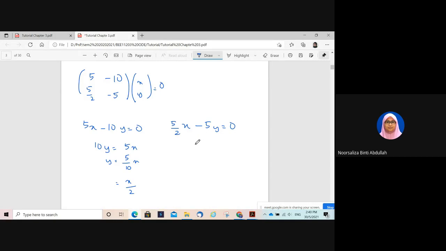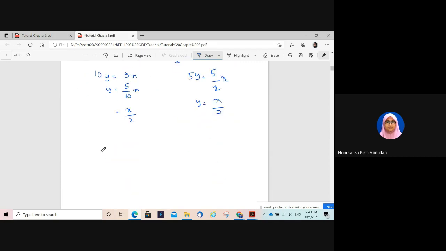This side is also the same, right? 5y equals to 5 over 2x, and then y equals to x over 2. So let's say let x equals to s, then your y equals to s over 2. Right? You just replace x with s here, then you get y equals to s over 2.